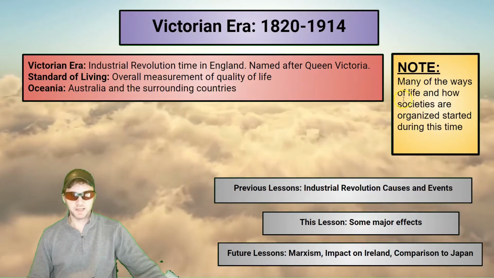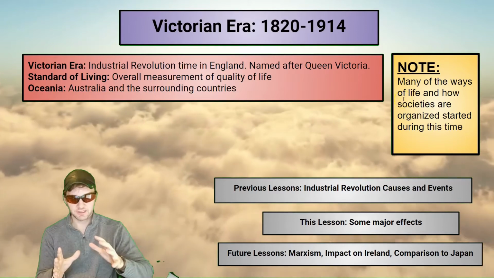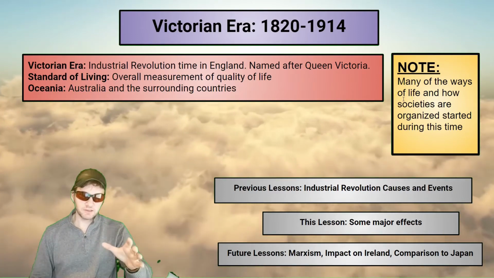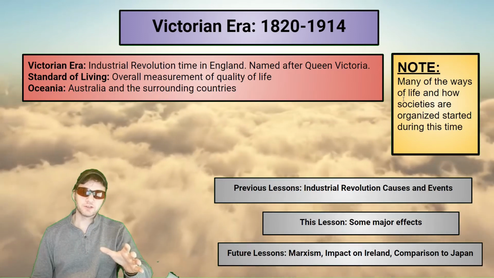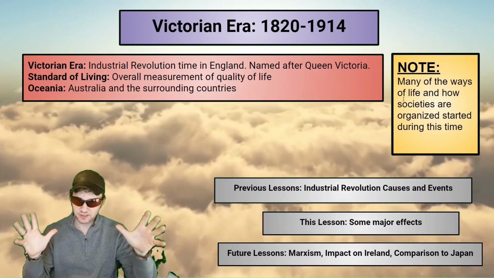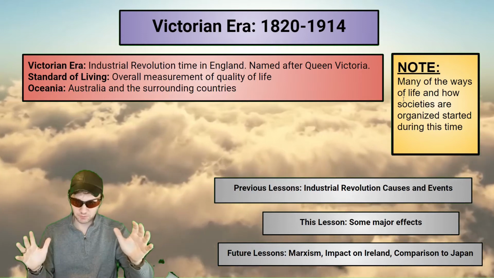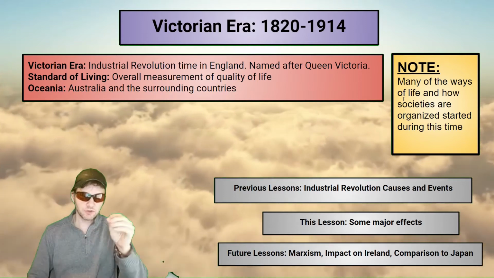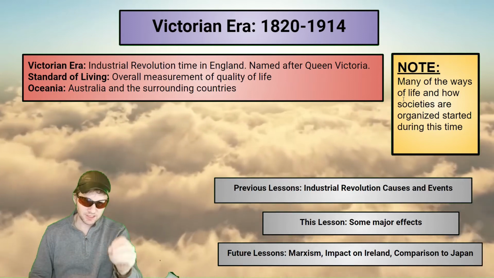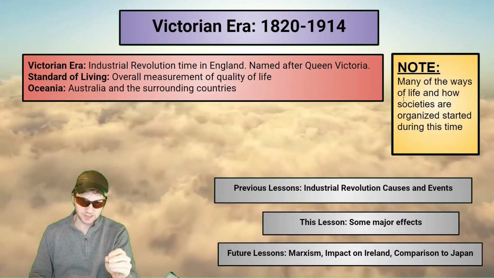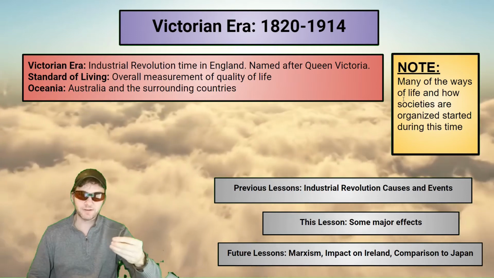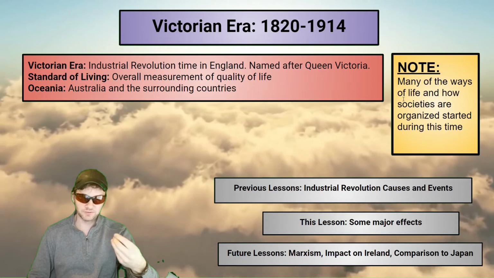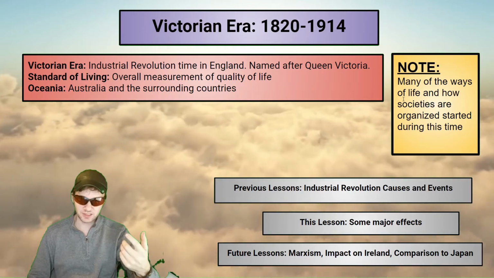A quick note along those lines. Many of the ways of life and how societies are organized started during this time, okay? So if you take life today and you go back to the 1700s, it doesn't seem even remotely similar on how people are thinking about things, how people are living, how people are doing things. You go to 1880 and 1900 in the cities, and you see a way of life that's very similar and familiar to the current way of life in industrialized societies, okay?